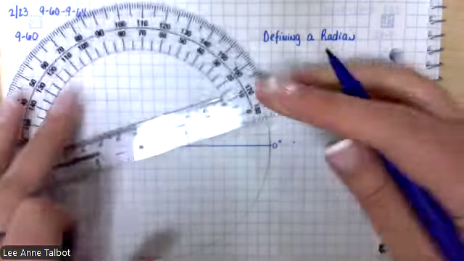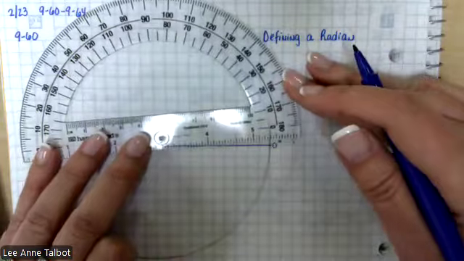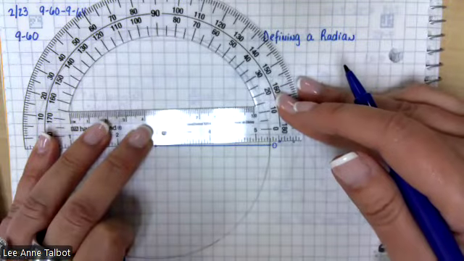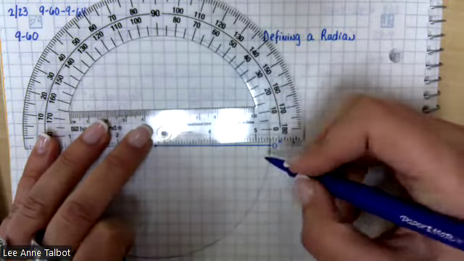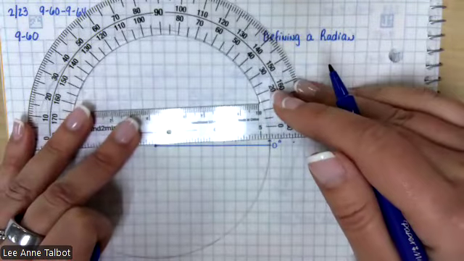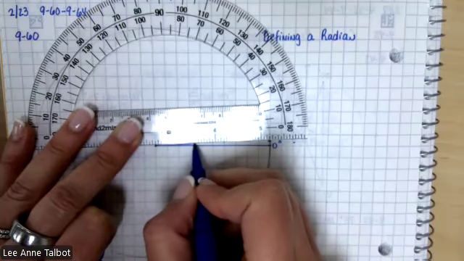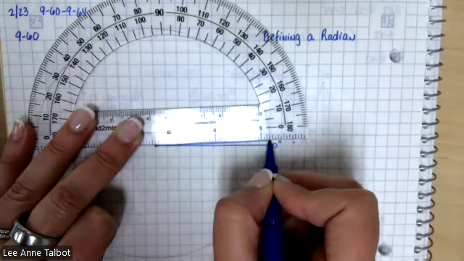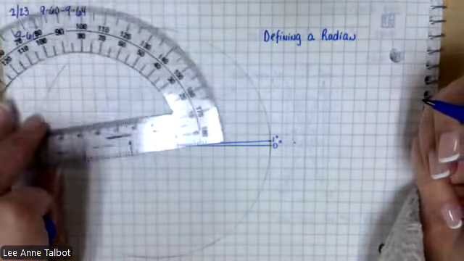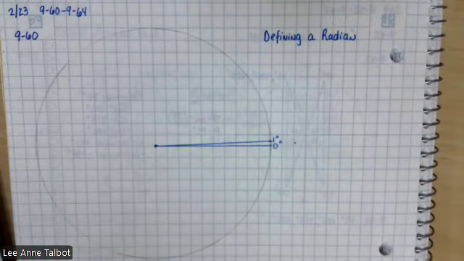1 degree is literally here. This is going to be super hard to draw. So if you want to, you can exaggerate it on your picture and just estimate it, make it look kind of like mine. It doesn't have to be perfectly 1 degree.